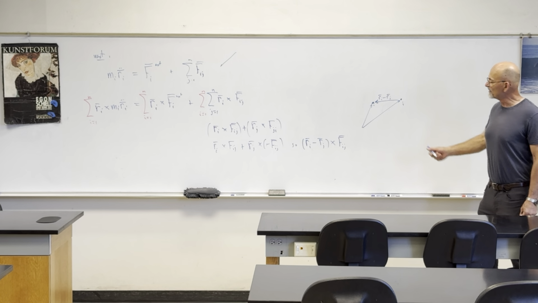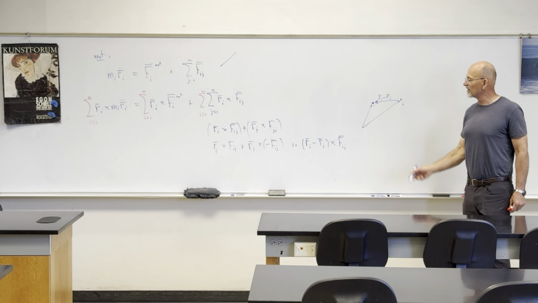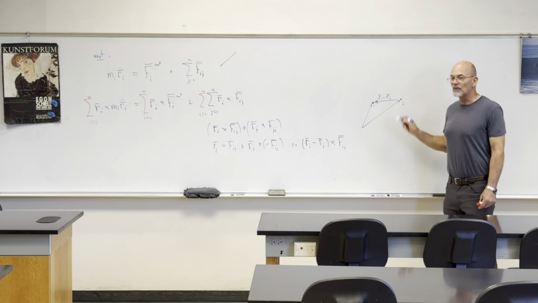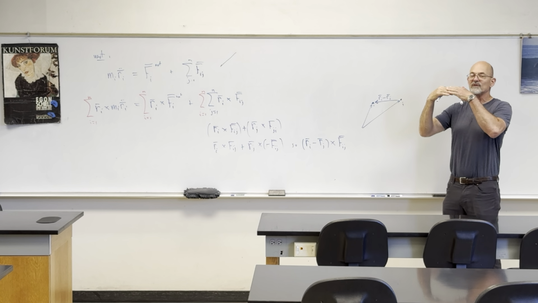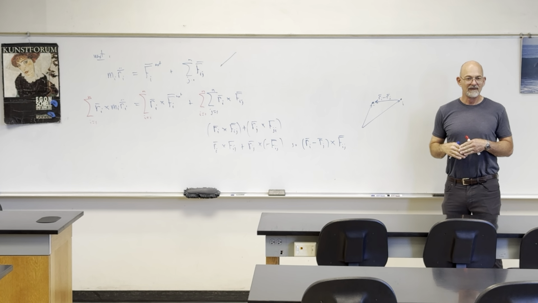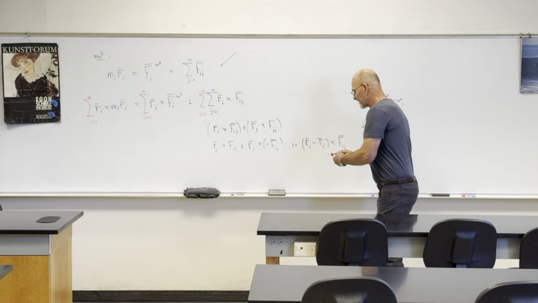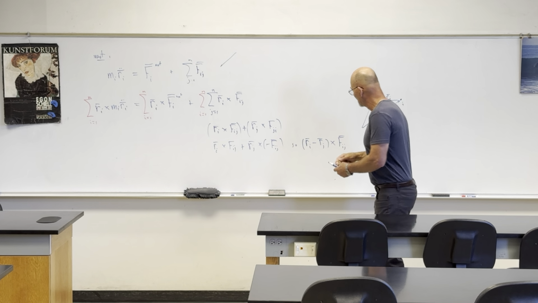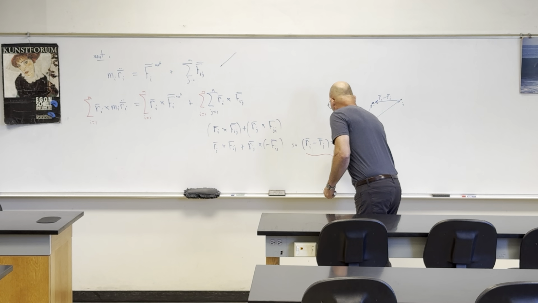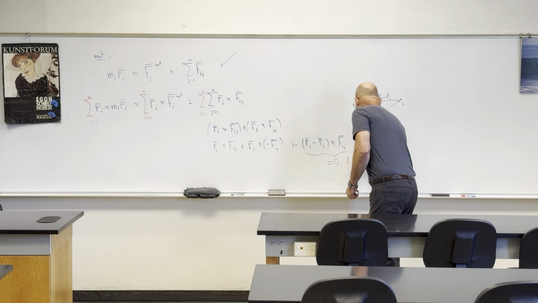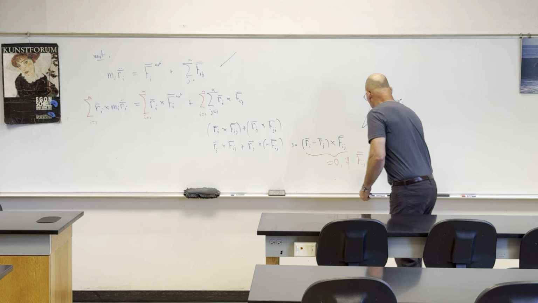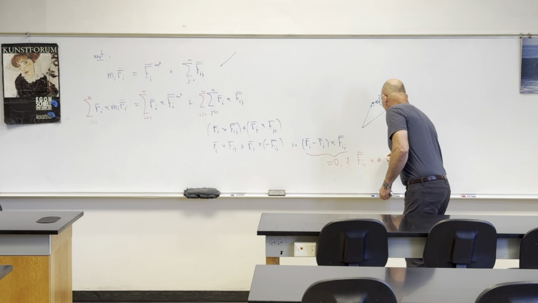There is a circumstance under which this cross product would vanish: if that were a central force. Right? If that were a central force, then those vectors would be parallel. So I'll put that here, that's what we'll end with today. Equals 0, if F_ij is a central force.